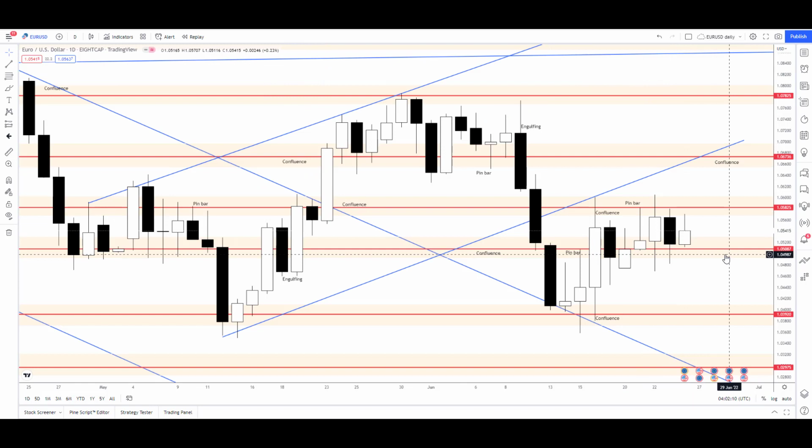If we return to the daily time frame, the next thing we can wait for is the breakout. The breakout can happen to the upside, and 1.05825 is acting as a relatively strong resistance level. But on the lower side, 1.05087 is a much stronger support than the resistance above.